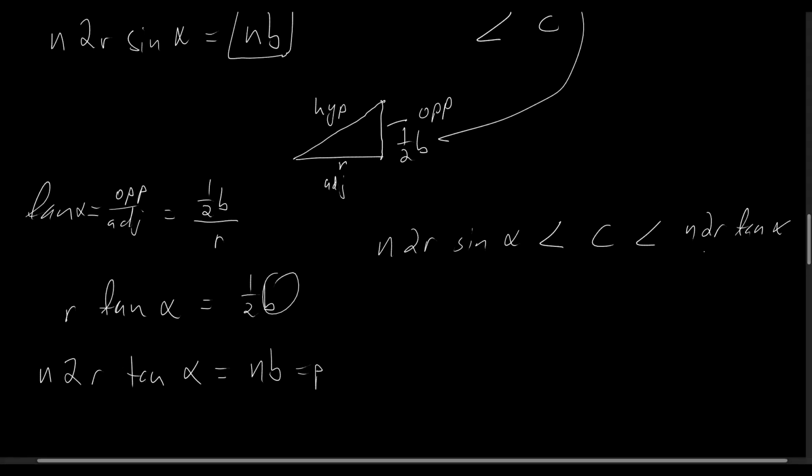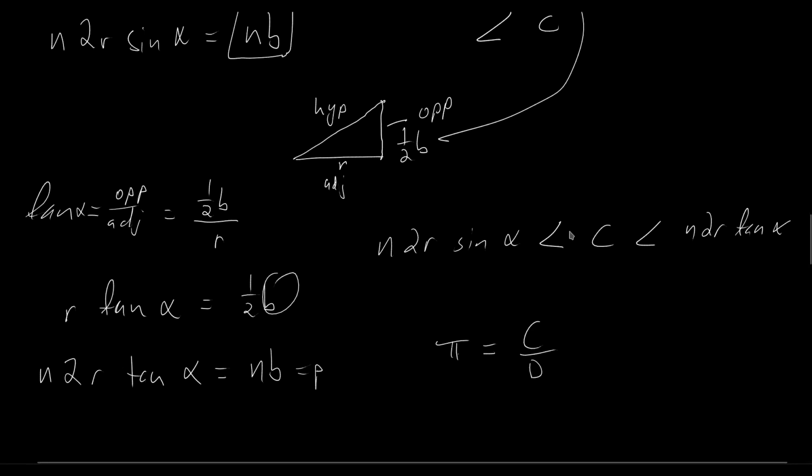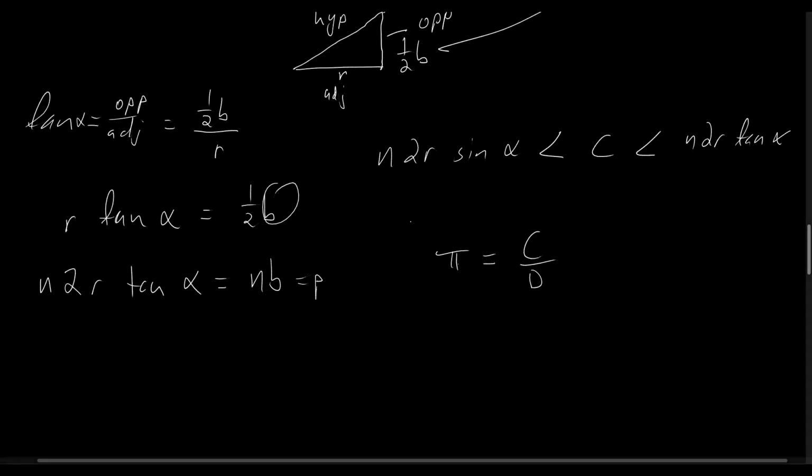Alright, now of course pi is equal to the circumference over the diameter, right? But the diameter is just 2r, 2 times the radius of the circle.